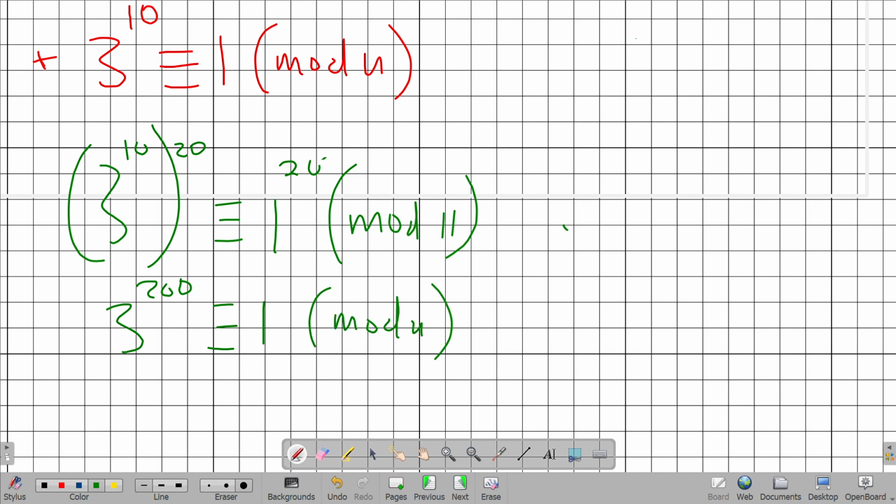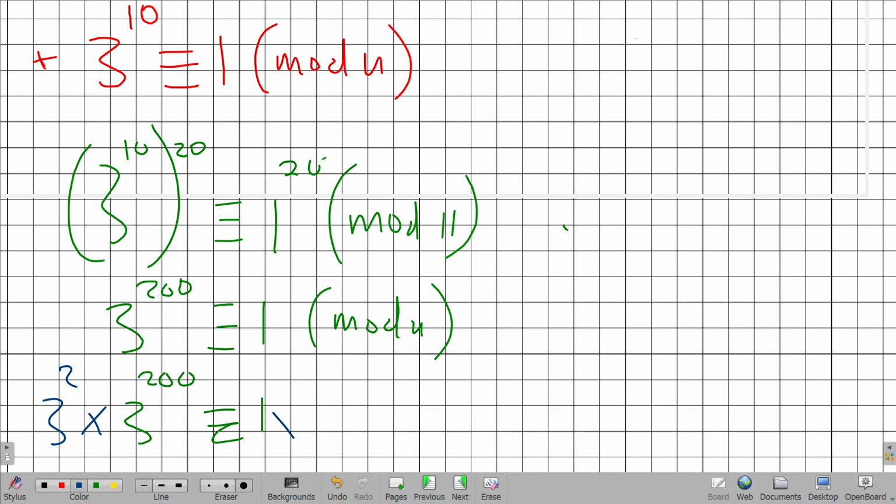Happy? Now, if we know this, it also means we can extend it, because our question is 3 to the power of 202. So what we're going to do here is to say 3 to the power of 2 times 3 to the power of 200, which we know is congruent to 1, under mod 11.